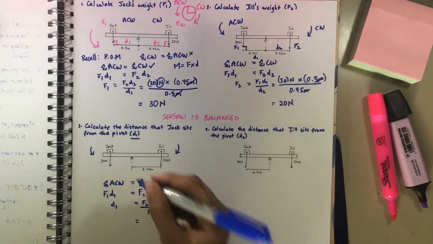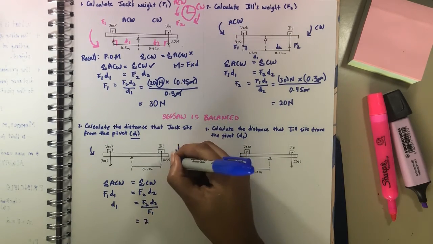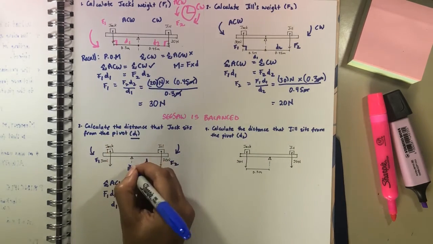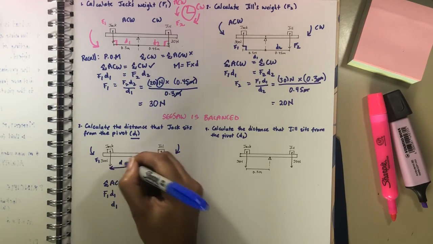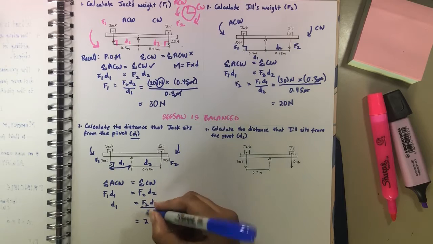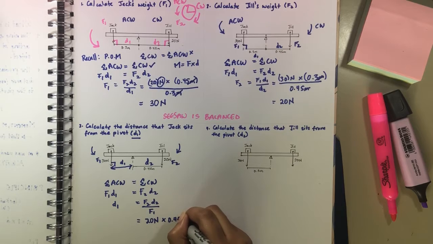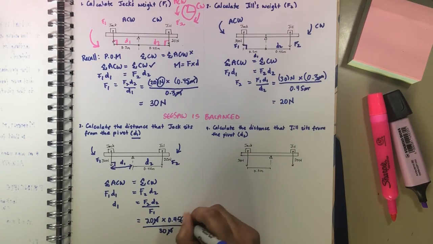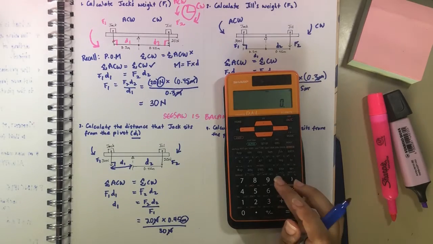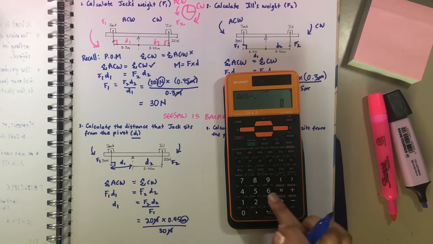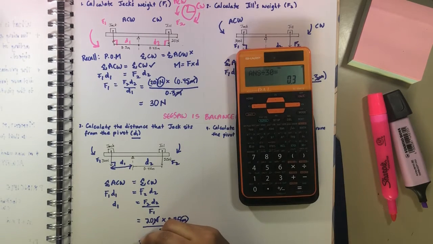We don't know the distance here, which is D1. See, it's perpendicular. So F2 would be 20 newtons by D2, which is 0.45 meters, over F1, which is 30 newtons. So in this one, cancel, so our unit would be in meters, nothing else. So 20 by 0.45 is equal to 9 divided by 30, 0.3 meters.